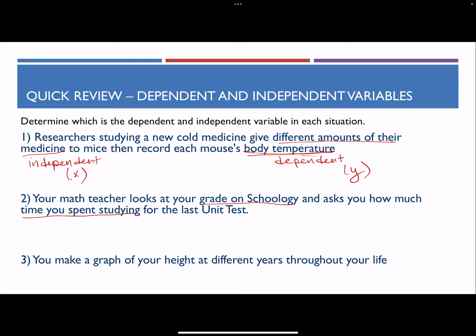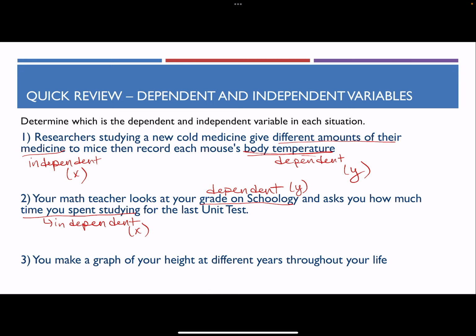The amount of time that you spent studying, that's what you control. And your grade on Schoology depends on the amount of time that you spent studying. So this is your Y variable, and the time you spent studying is your X variable.